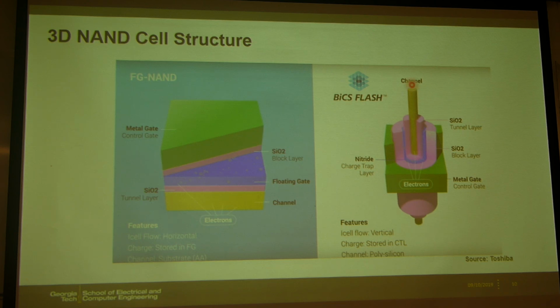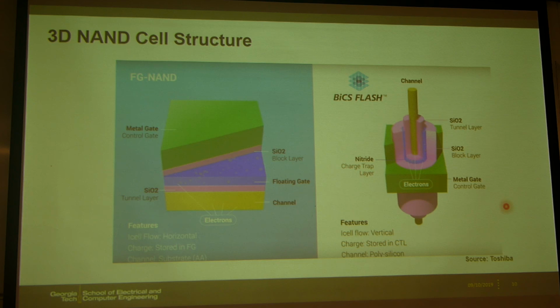The one thing you should notice here is that 2D NAND is not equal to floating gate storage, and 3D NAND is not equal to charge trap storage. Do you understand? That means 2D NAND can be fabricated with charge trap layer, and also 3D NAND can be fabricated with floating gate storage.